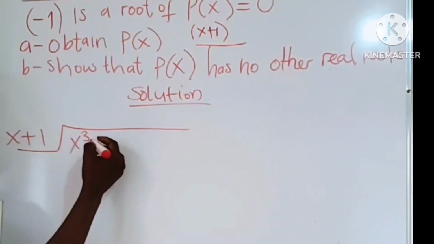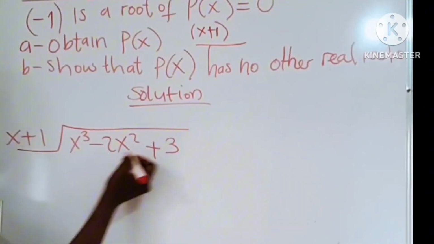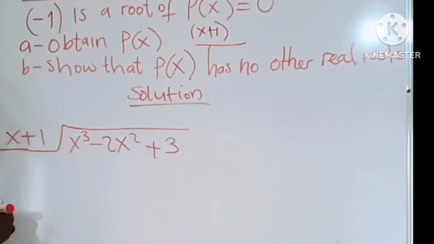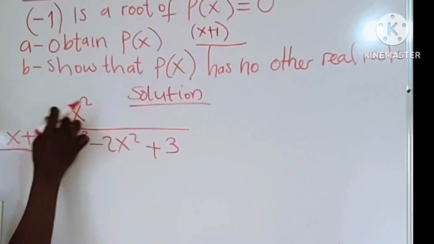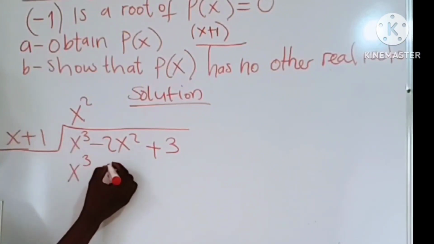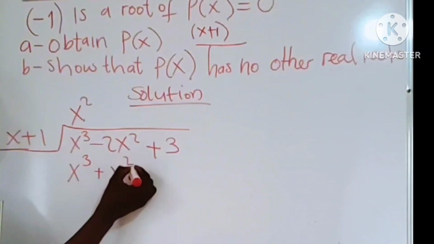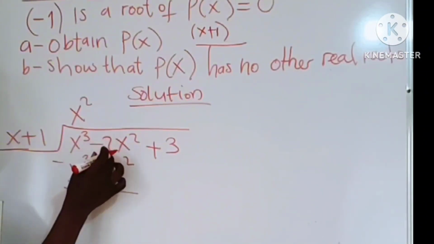So this P of X, x cubed minus 2x squared plus 3, we are dividing by x plus 1. This divides this will give us x squared. This times this, x cubed plus x squared. Subtracting gives us that.